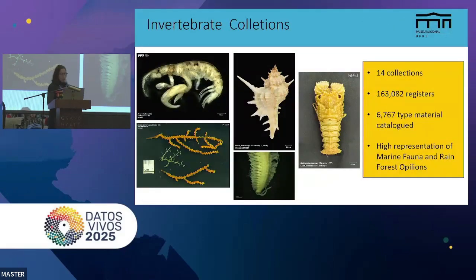So here are some of the photos that came from this project, especially as an example. I did not have time to go through all. So here are some images of the invertebrate collections. We got 14, that's the number of registers, and type material, nearly 7,000 registers, highly representative of marine fauna and forest specimens we have now.